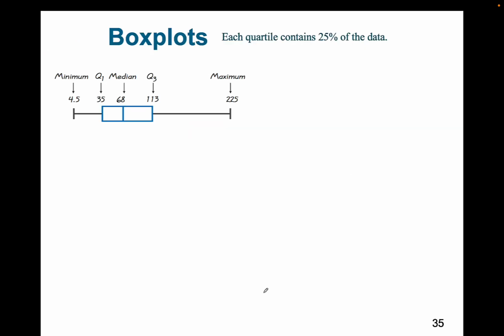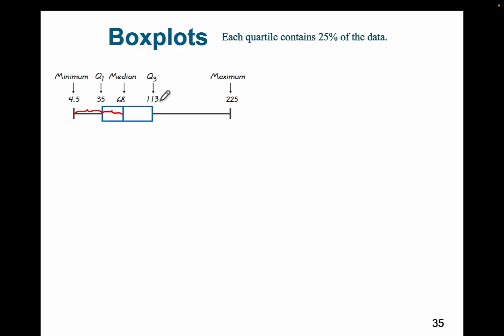Last topic in this section is on boxplots. In a boxplot, each quartile contains a quarter of the data, so 25% of our data. What is a quartile? Here we have a minimum data value of 4.5. Quartile 1 has a data value of 35. So this right here is a quartile. It has a median of 68, so this is our second quartile.